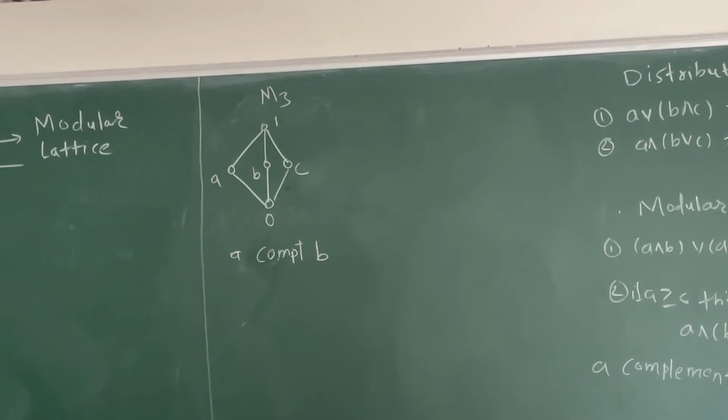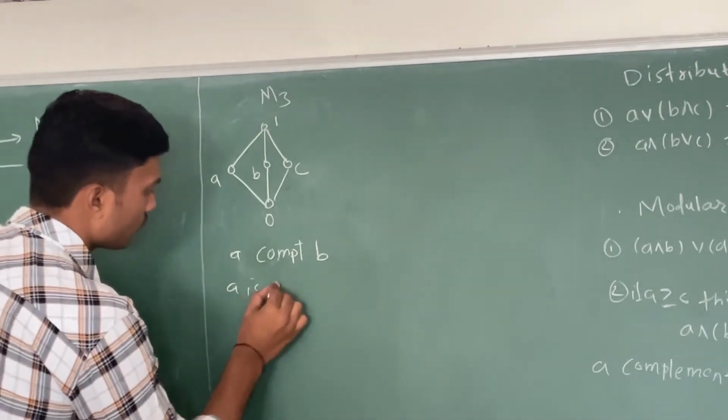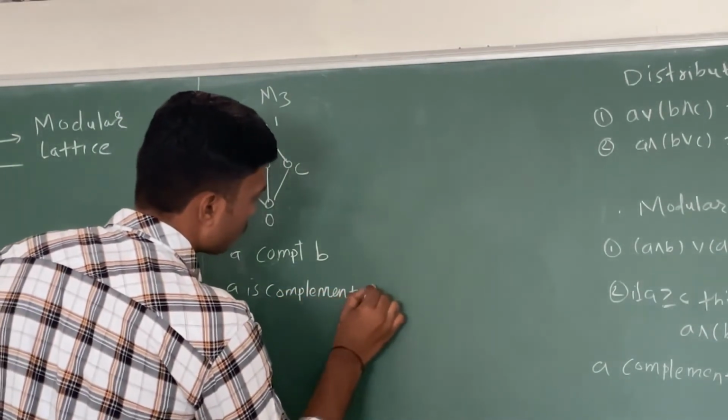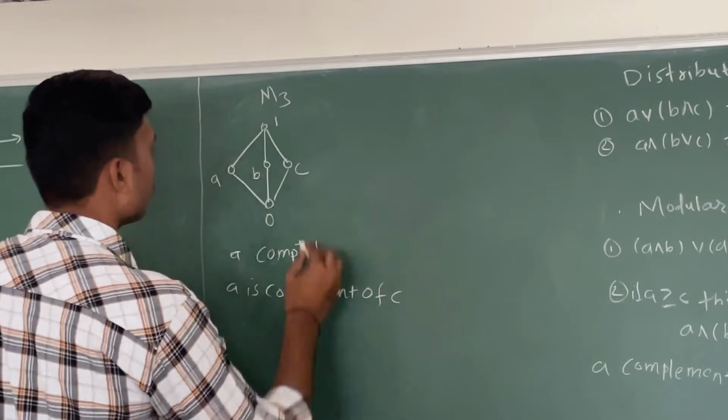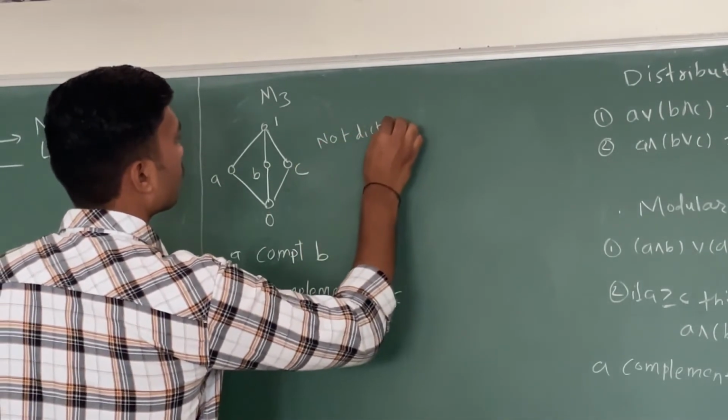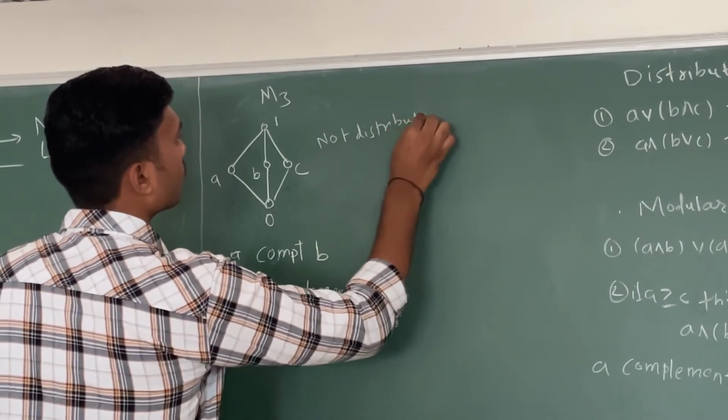So A is also a complement of C. That means for this A, you have two complements, B and C. So in this example, we see that one element can have more than one complement. Are you following?